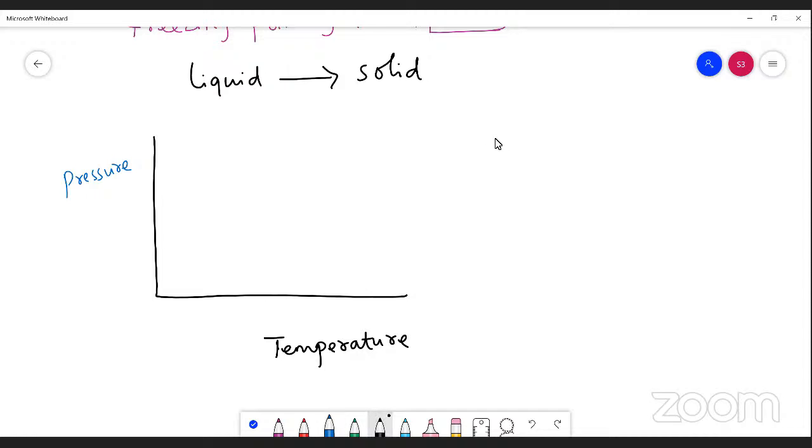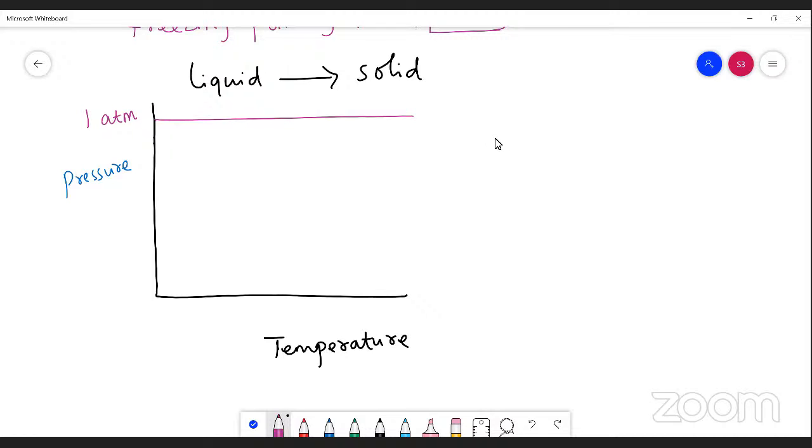I am keeping the 1 atmospheric pressure line like this. This is the 1 atmospheric pressure. We are taking a plot between the temperature and the pressure.